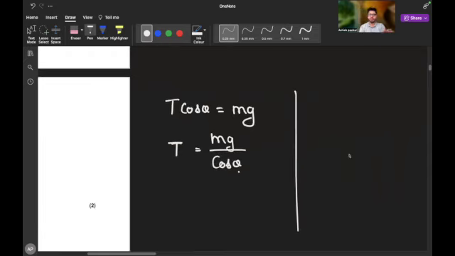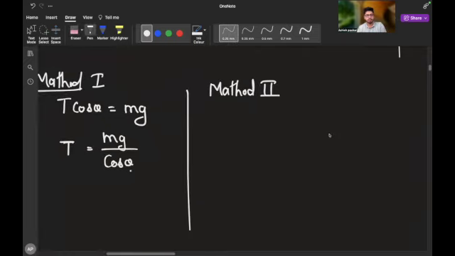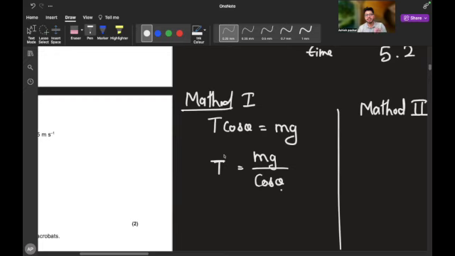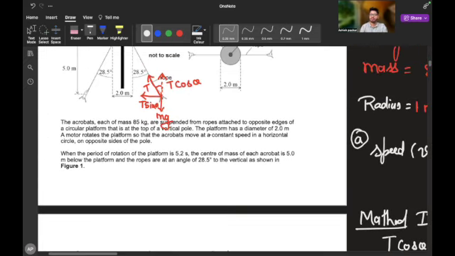This is one way to do that, the first method. What is the second method? If you know the centripetal idea, what is the centripetal force? The net inward force acting towards the center is the centripetal force.